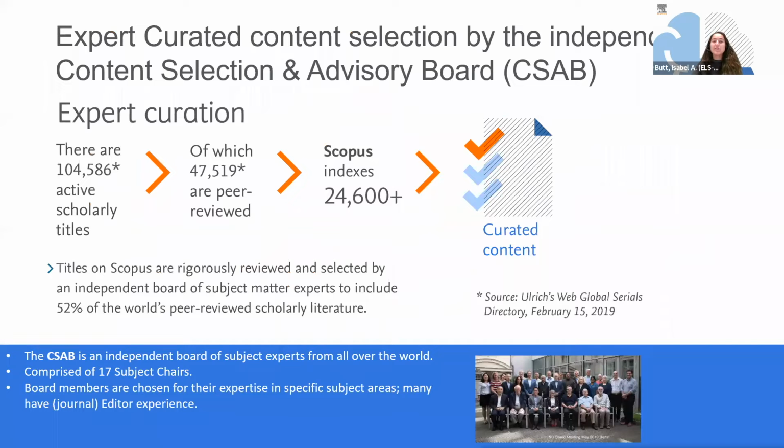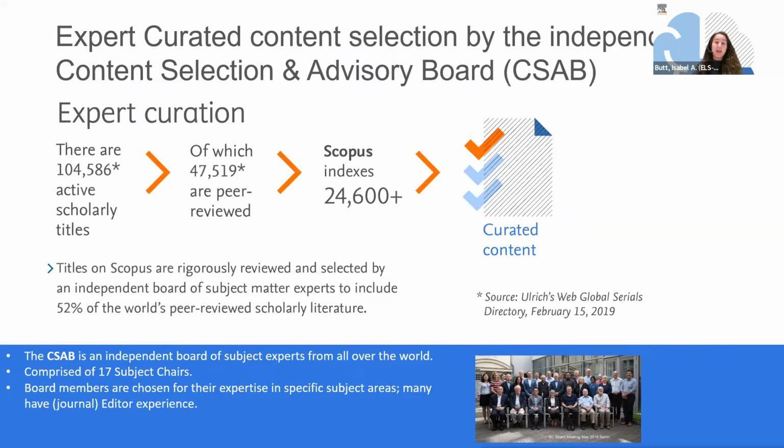And the reason Scopus is a special database and one that can be really useful is the content is curated. The content is selected by who we call the CSAB, the Content Selection Advisory Board. This group of experts come together to talk about content curation, and they're independent, and they look at the different titles or journals suggested and decide which get accepted into the Scopus database.